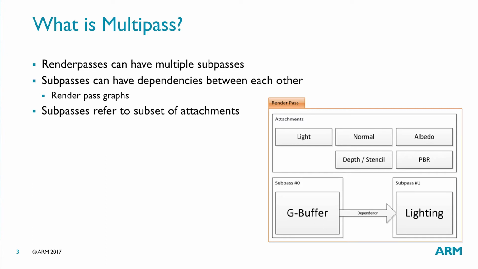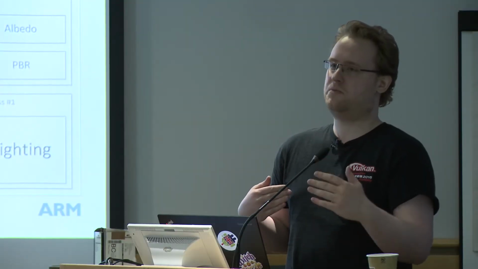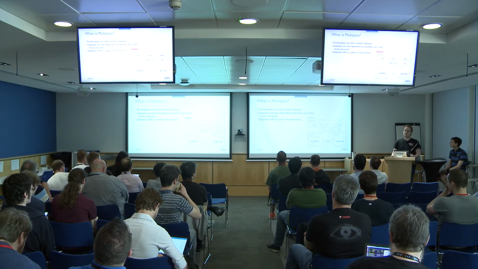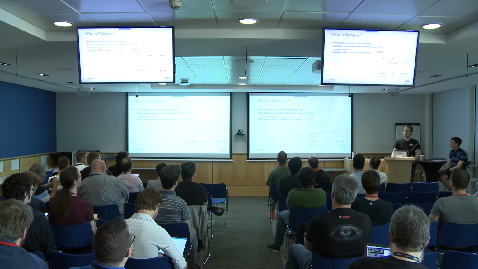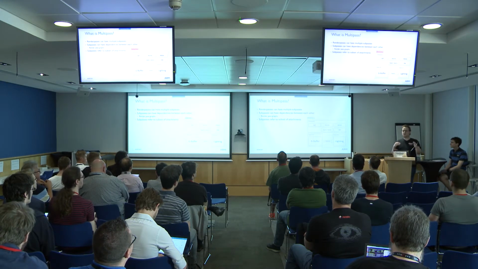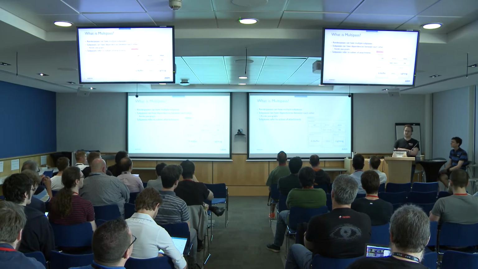So first, what Multipass is: in Vulkan you have the concept of a render pass. You need to explicitly say up front you're beginning a render pass and you're ending a render pass. But there is a feature in Vulkan which allows you to split this up even more. It is possible to say you're starting a render pass, but we're going to have multiple sub-stages in this render pass.